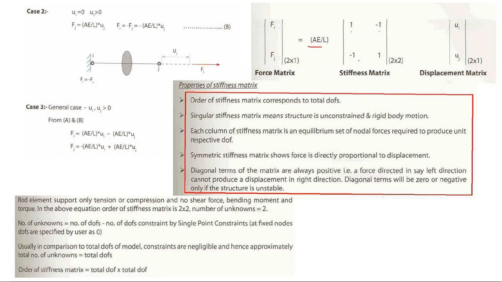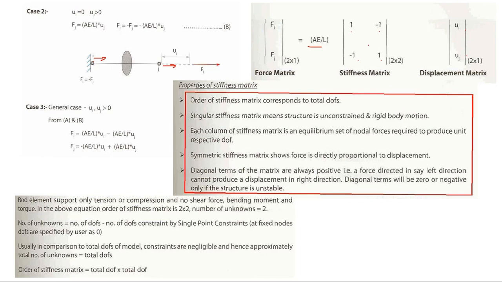So 1, minus 1, minus 1, 1, this kind of equation it will come for the second node. And U1, U2 is a 2 by 1 matrix. It's a stiffness matrix, a 2 by 2 matrix. So overall we will have a 2 by 2 matrix because it has only joints 1 and 2 we have taken here. One degree of freedom, and this is also another degree of freedom. So a simple uniaxial rod we have taken.